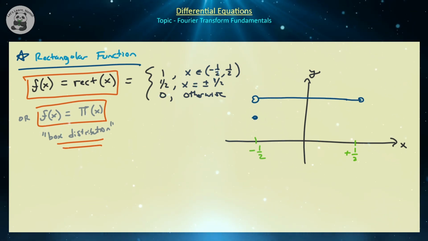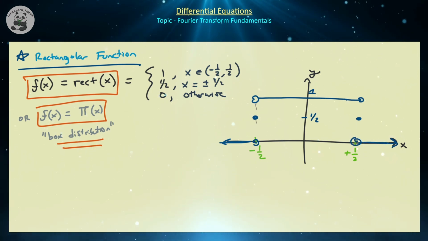We're going to be equal to 1/2 on the endpoints, and we're going to be equal to 0 everywhere else. Right, so that is the graph of the rectangular function, which obviously looks like a rectangle if I were to drop some dotted vertical lines on those endpoints.